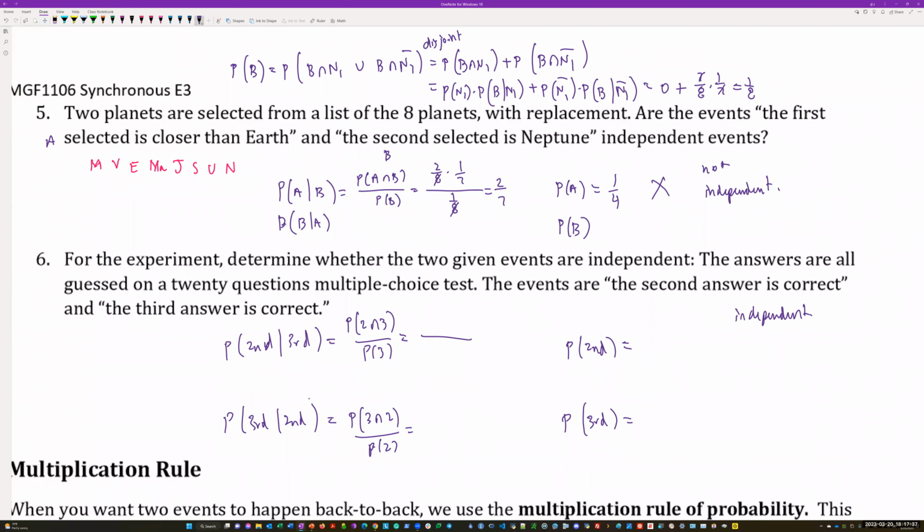So let's just say there's 5. I'm just gonna make it up. The chance I get the second one right would be 1/5. The chance I get the third one right would be 1/5. These just cancel. Is that right? And then it would be 1/5, 1/5, 1/5 again. They just cancel. Does that make sense? You understand? Question?